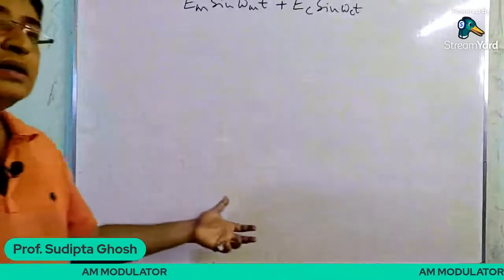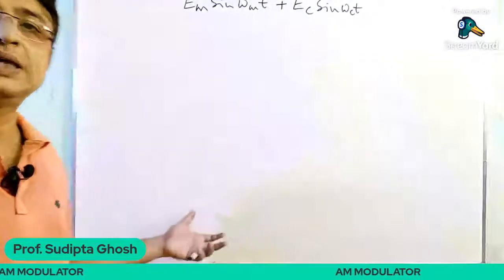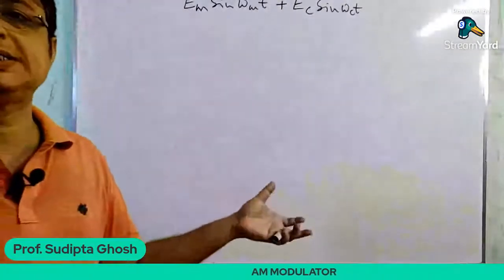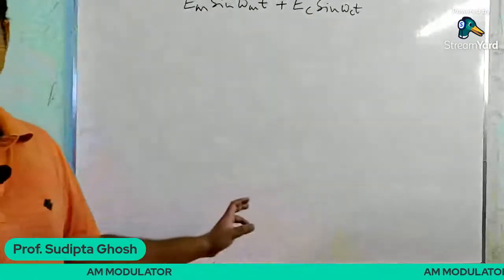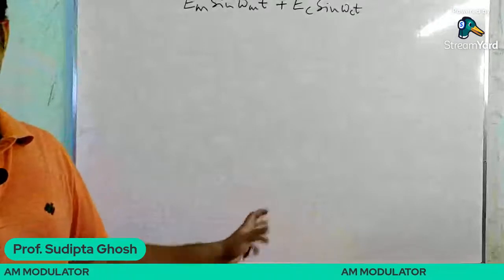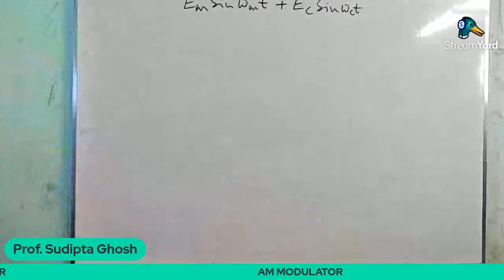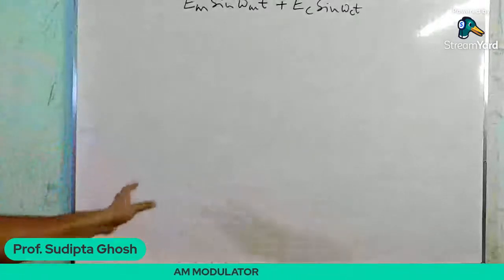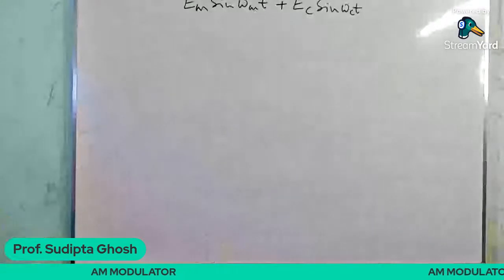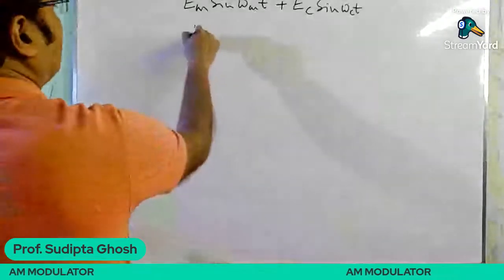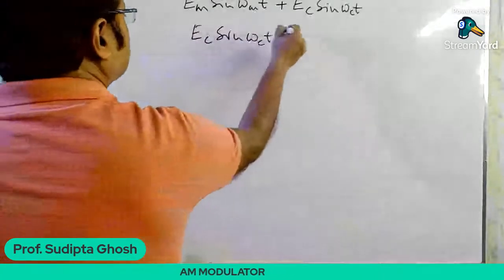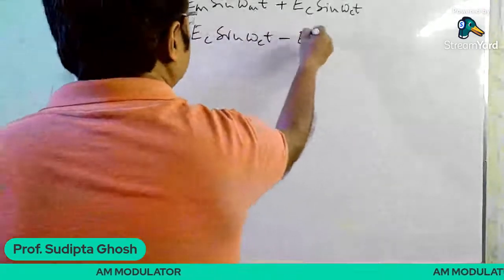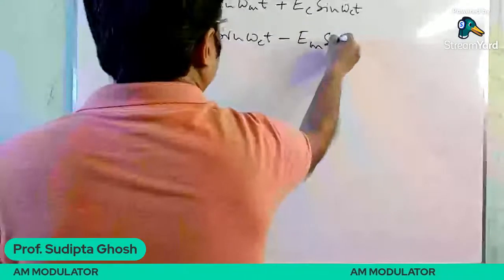And remember, in this modulator circuit, the information or modulating signal is fed after a 180-degree phase shift. That means the input to the second modulator circuit will be Ec sin omega c t, that is the carrier, minus Em sin omega m t.